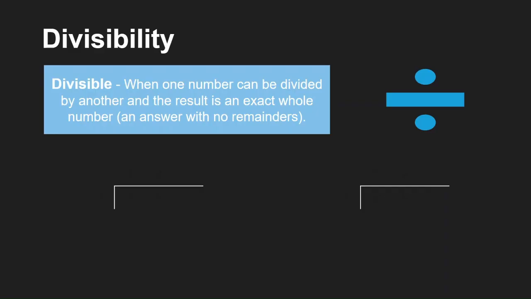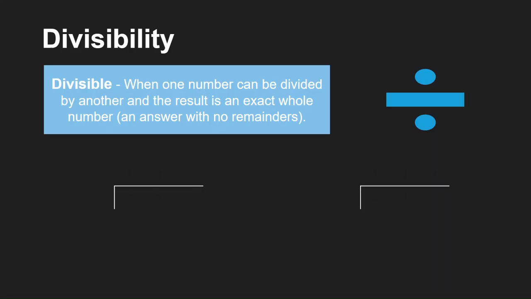Divisibility. This is when one number can be divided by another number, and the result is a whole number. So if you think back to learning how to divide things, sometimes when you divide things, you get a remainder, right? Like you divide 9 by 2, but 2 doesn't go into 9 evenly, so you have a little bit left over.